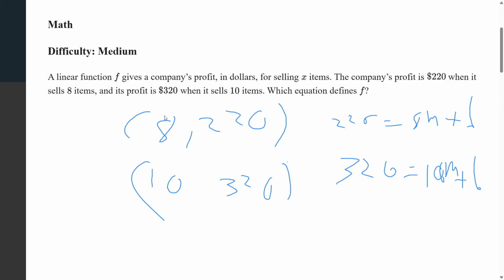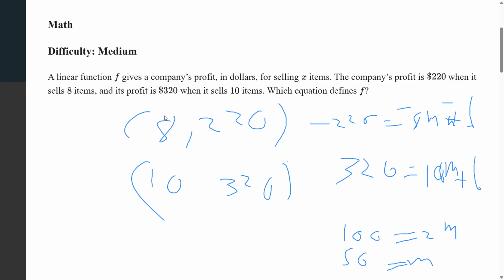Now we can multiply this by negative and add them together. This will give you 100, 320 minus 220. This will be 2m, and the b will cancel with each other. So m will give you 50. Now we have to substitute m in any one of them and get b.